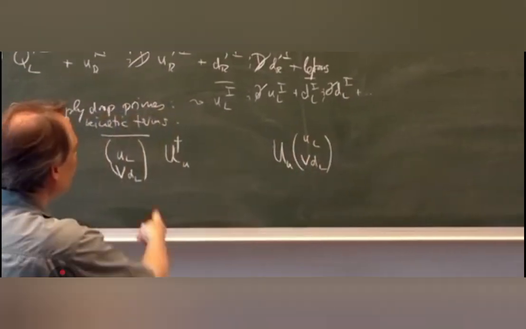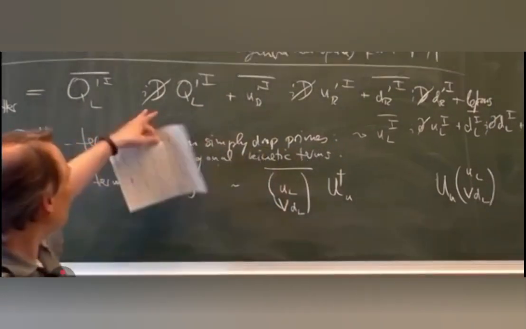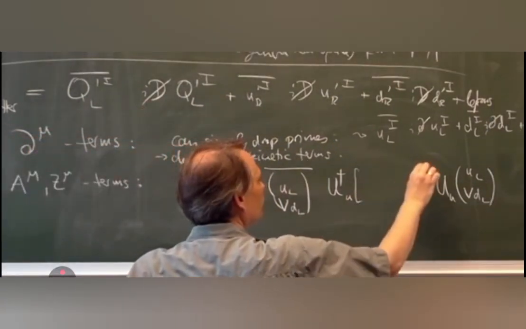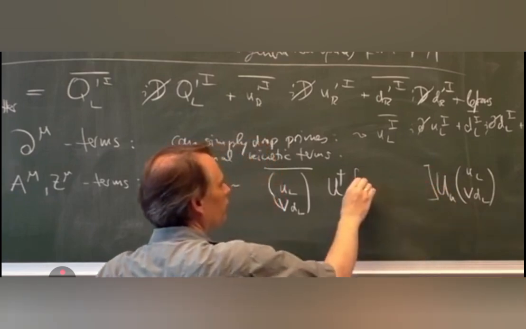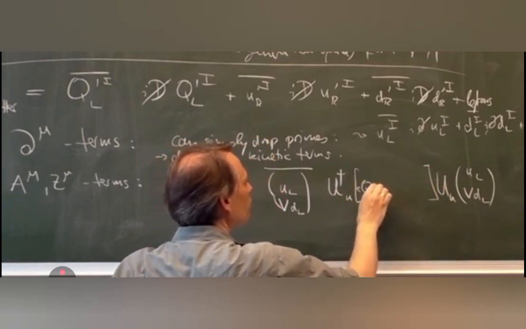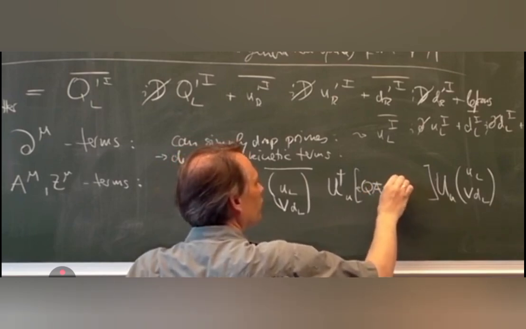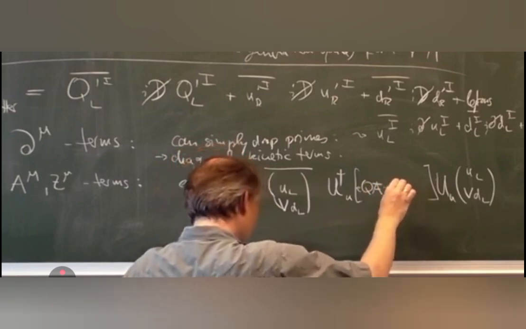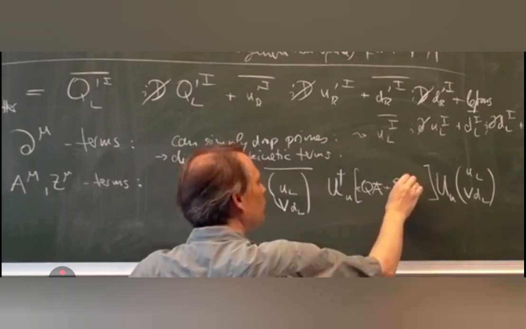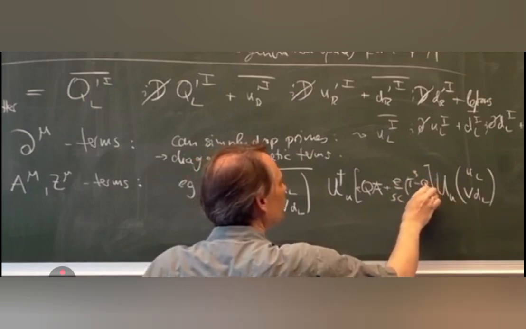So that is the definition of our Q prime bar and Q prime. And in between there is now the covariant derivative term for the photon and the Z. And so we have here, for example, electron charge times Q times A slash plus this effective coupling for the Z. What was it? e divided by sine times cosine of the weak mixing angle times T3 minus Q times sine square.